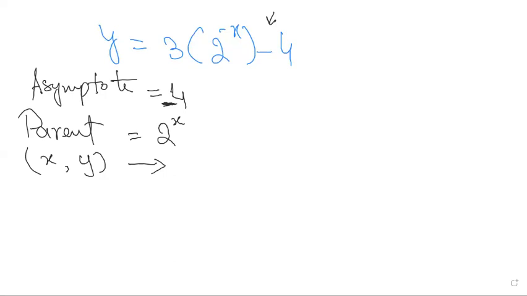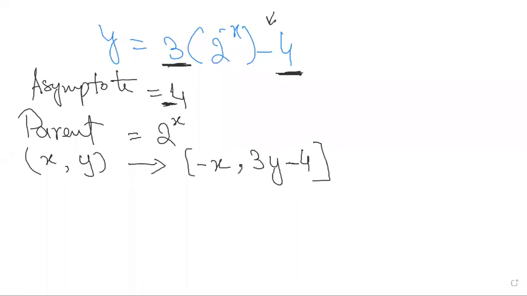And there's nothing adding or subtracting with it as well. So I'm going to write my transformation for x, negative x, as it is, because there is no addition or subtraction or multiplication division in the power. And for the y, I can see there's 3 outside the bracket. And outside means that it's a change in y. So I'm going to write like this: 3y minus 4, because this one is also the outside change, this asymptote. This is my transformation of function as well as for the exponential function.